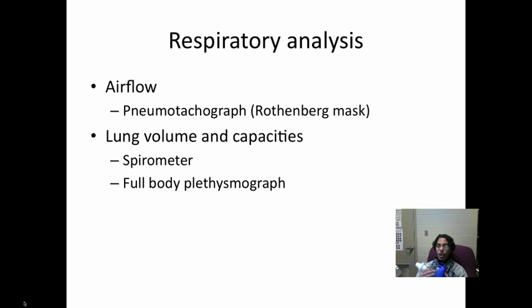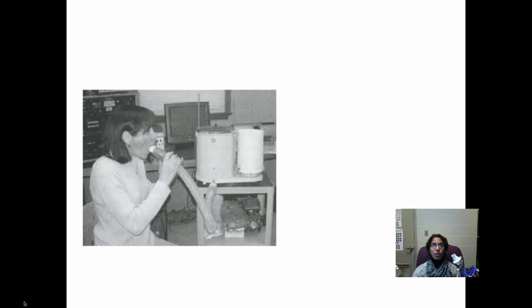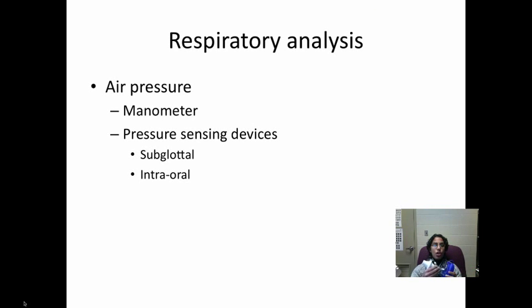Okay. Since we're talking about this, I'm going to go ahead and talk about pressure before we come back to lung volume and capacities. So air pressure. Pressure is something that is built below, the subglottic pressure. We talked about a lot of pressures when we talked about the physiology of the respiratory system. We talked about the alveolar pressure, the subglottal pressure, the intraoral pressure.